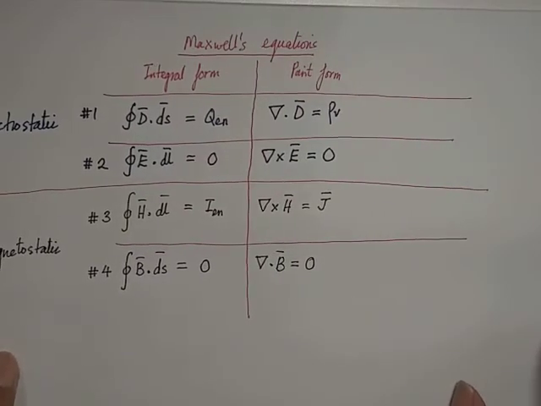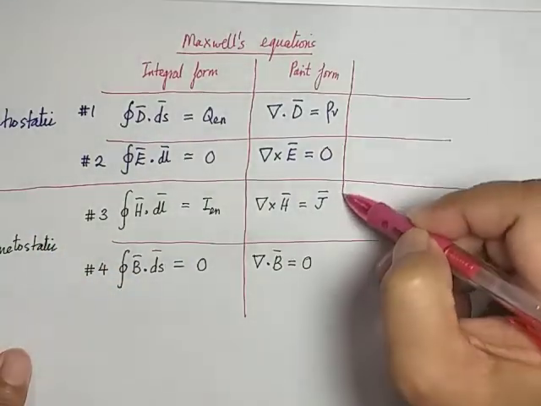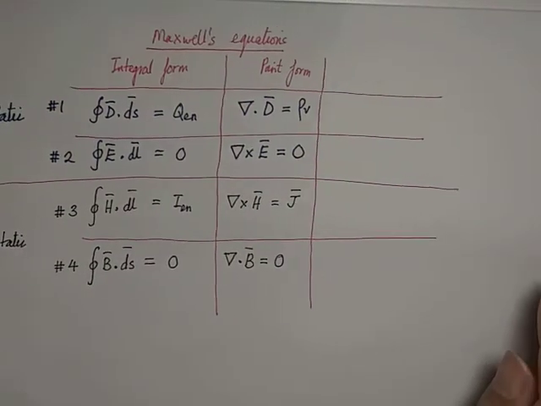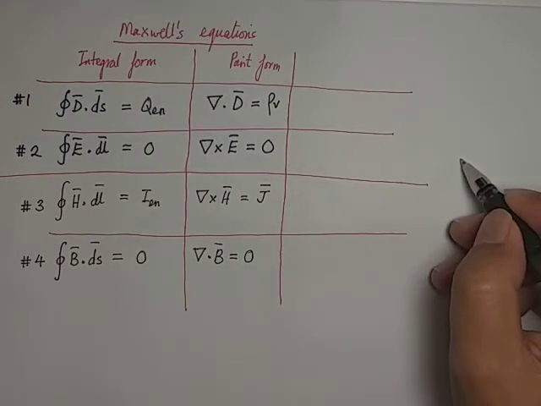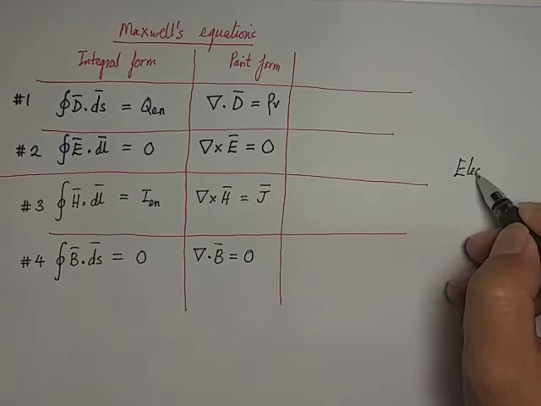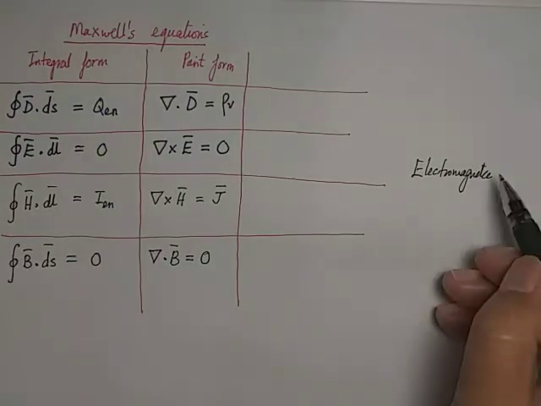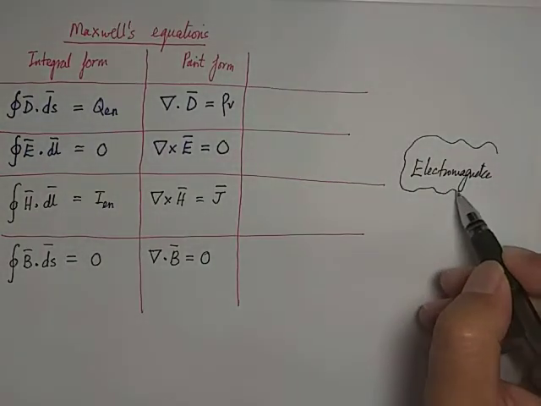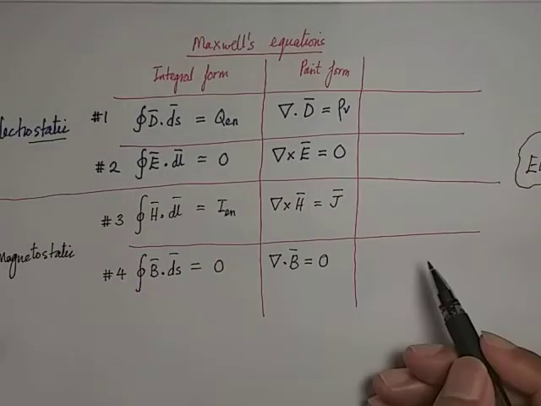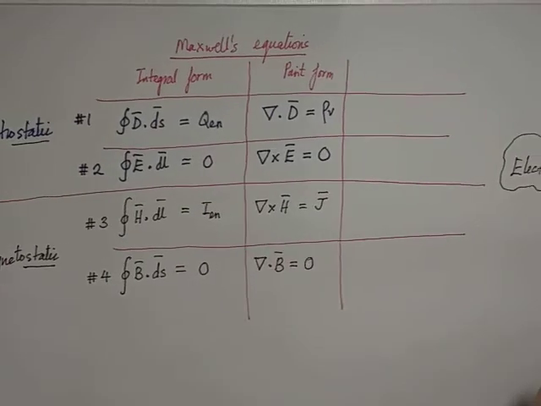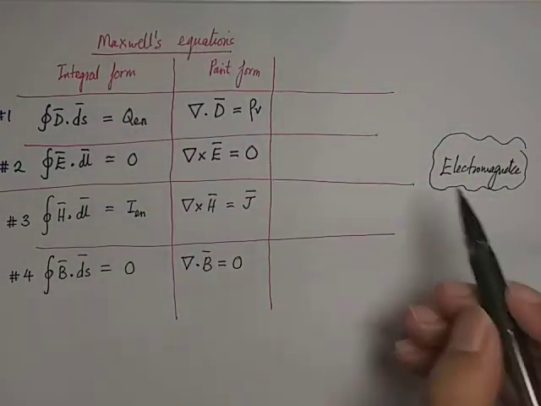Okay, why is this topic important? Because what we want to do later on in this syllabus is talk about the field known as electromagnetic field. This is going to be our final objective. So the way for us to migrate from static to time varying is by utilizing Maxwell equations. What do I mean by that?